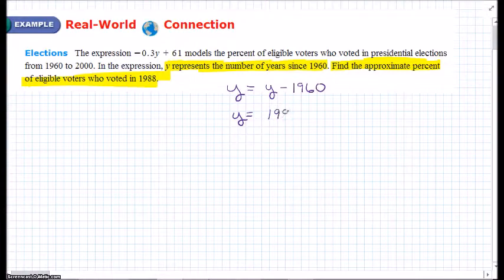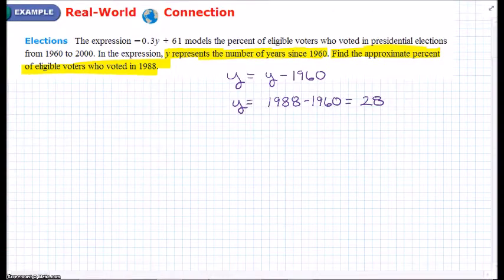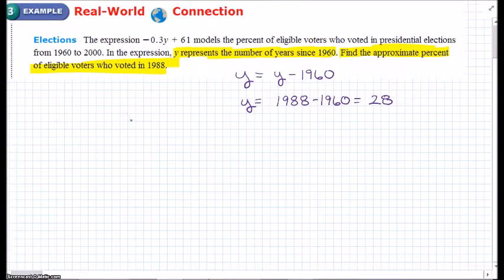So 1988 minus 1960 equals 28. Okay, so y in this example is 28. So the expression is negative 0.3y plus 61. So we just got to plug it in. So negative 0.3 times 28 plus 61.